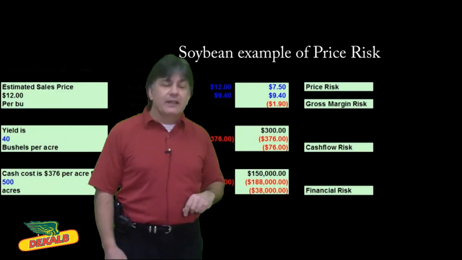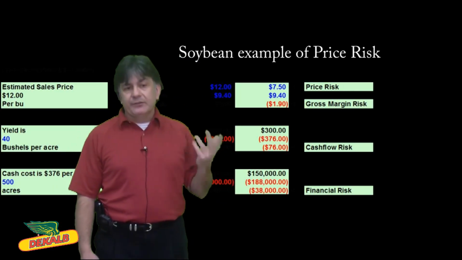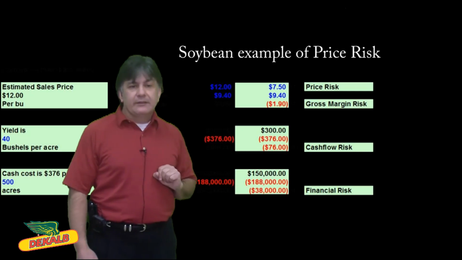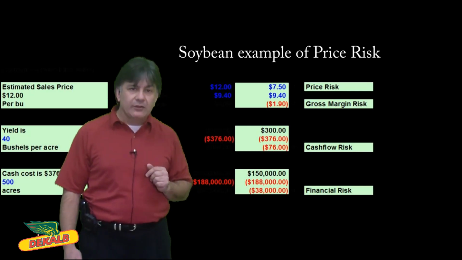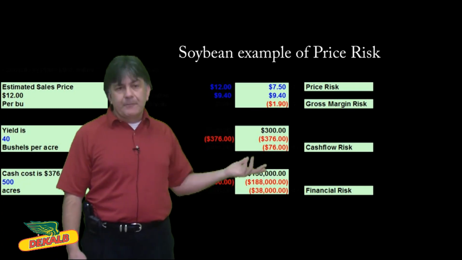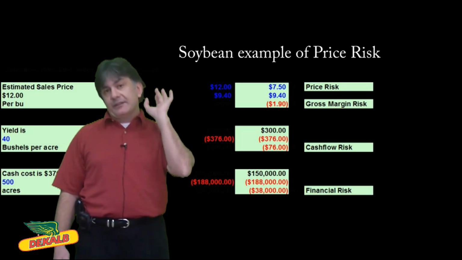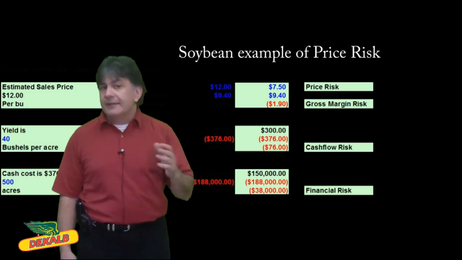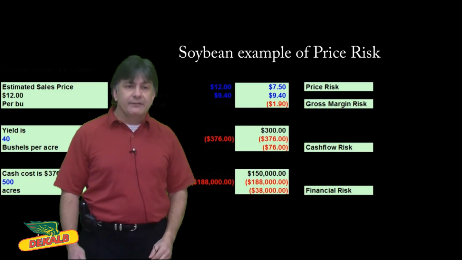Let's assume in this example that soybeans are currently trading at $12 a bushel. The yield is 40 bushels per acre, and it's going to cost us about $375 per acre to grow these soybeans. So your price risk occurs because the actual price is lower than what you originally thought. You had a chance to sell soybeans at $12 a bushel, but in fact it came down to $7.50.